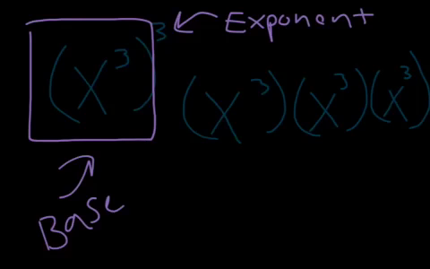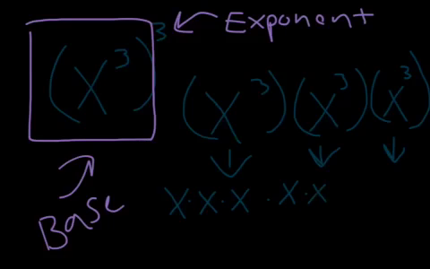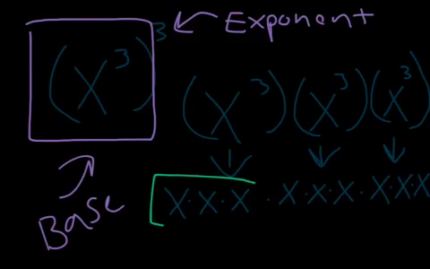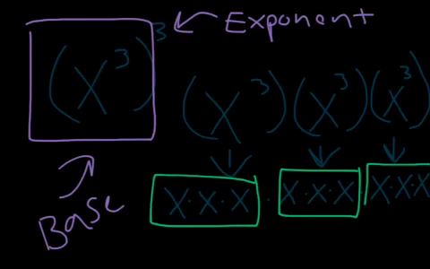And just like before, we will write each of these as x times x times x, x times x times x, x times x times x. Each of these is an x to the third.